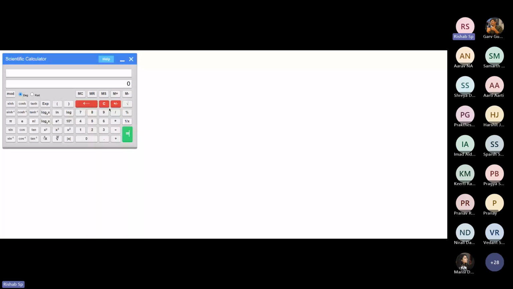Here we type minus, right? E raised to minus x. So we'll first type minus 1.5, click on the enter button, and take the exponential, e raised to x. We get 0.223. So what's the equation?